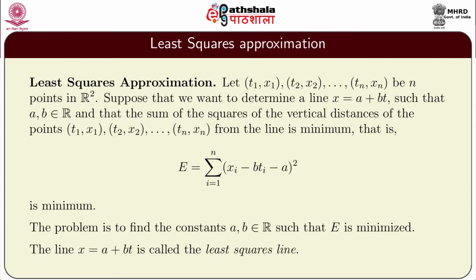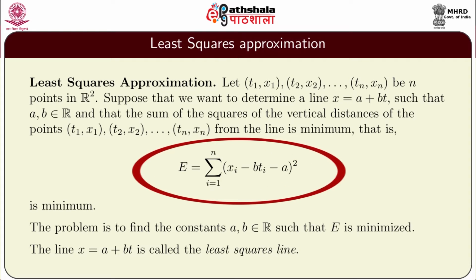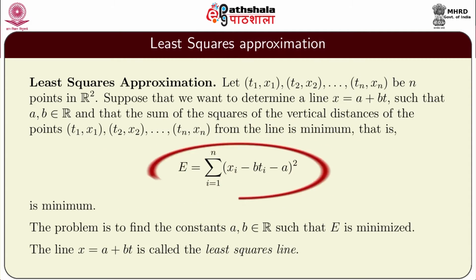That is, this quantity E, which is the summation i equal to 1 to n of (xi minus b ti minus a) squared, is minimum. And the problem is to find constants a, b such that E is minimized. And the line x equal to a plus bt is called the least squares line.